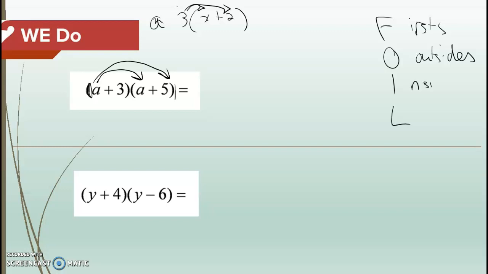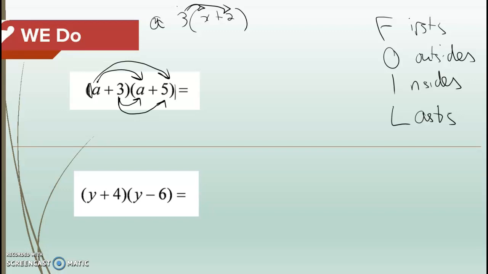Insides, so that's this one here and that one there, both on the inside as we look at it, and then lasts, so the last one here and the last one there.